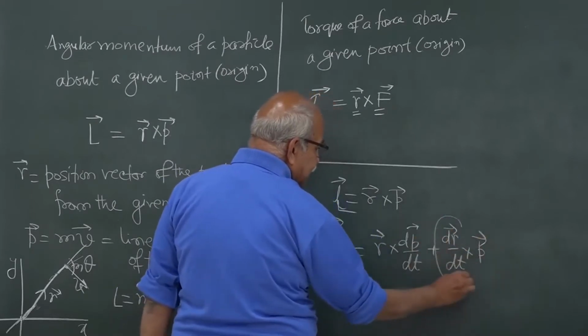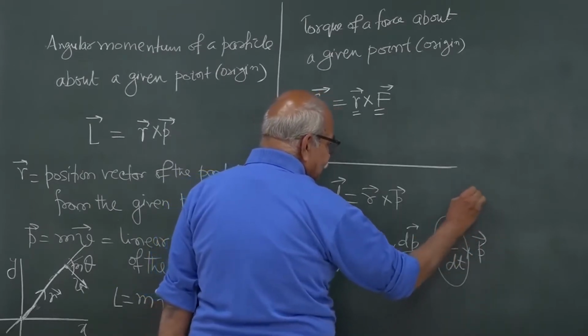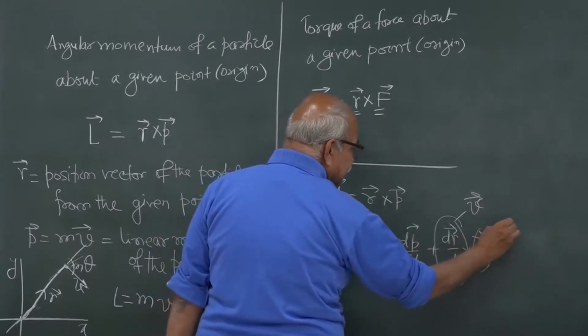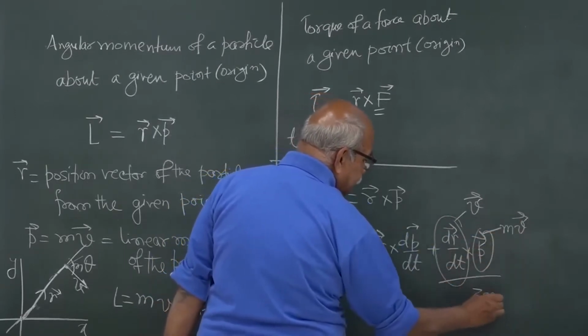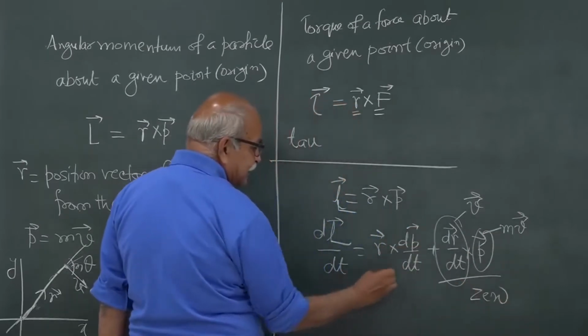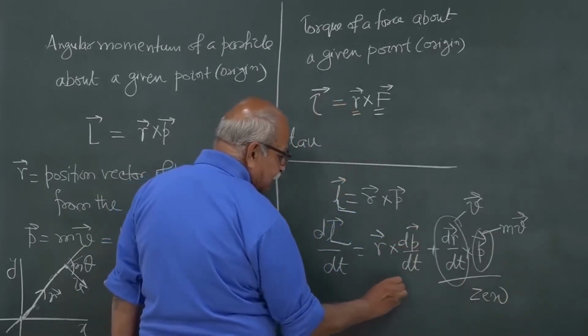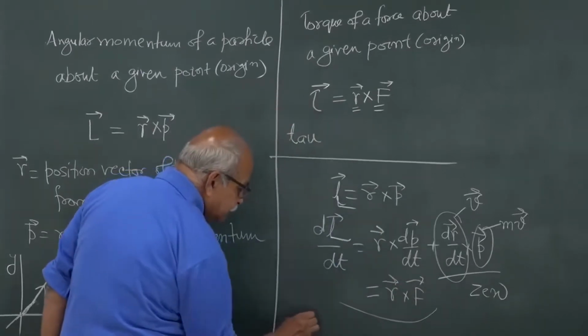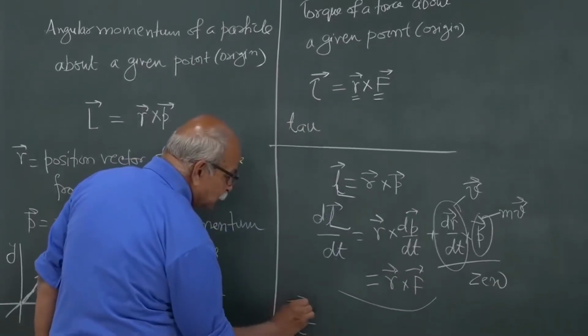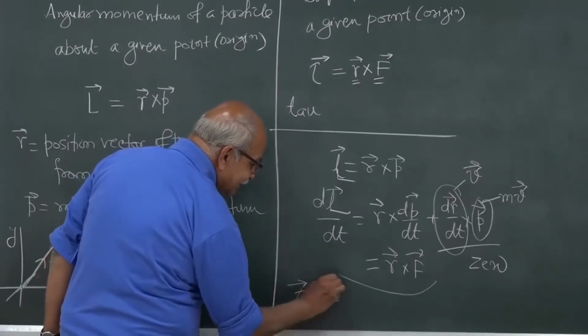Now, dr/dt is the velocity vector and p is mass times the velocity vector, so that cross product is 0, and dp/dt is F. So, it is r cross F. That means torque is equal to dL/dt.